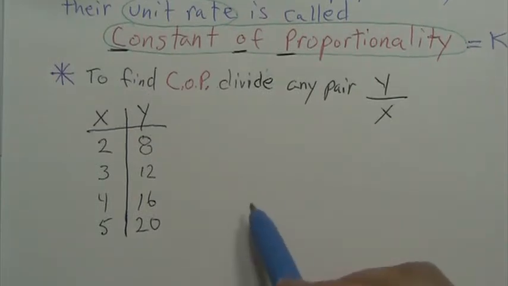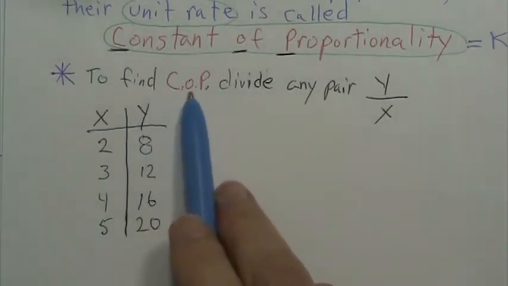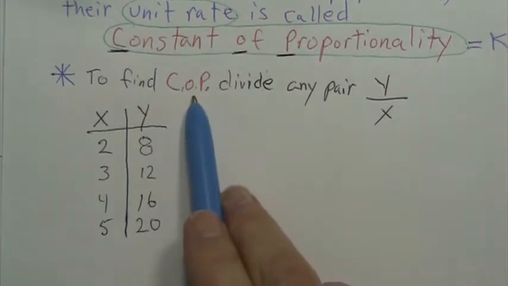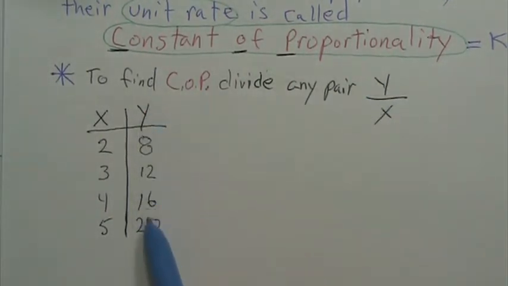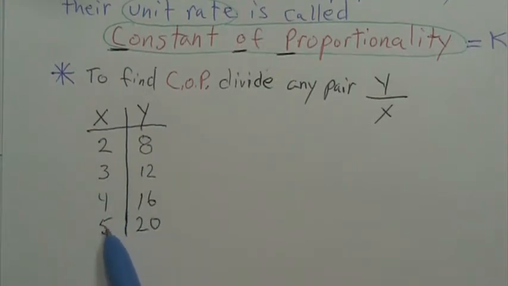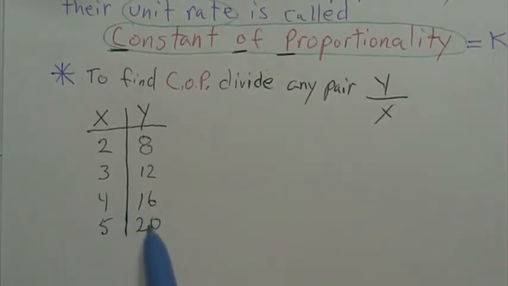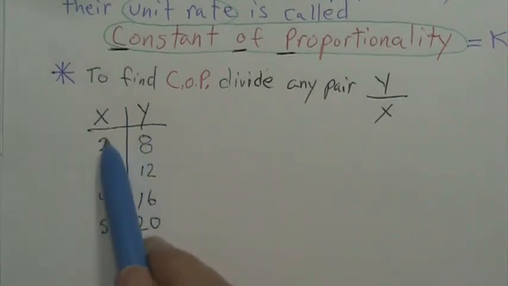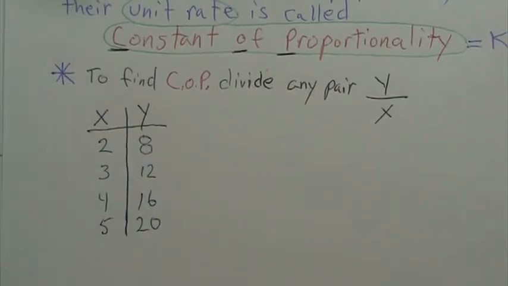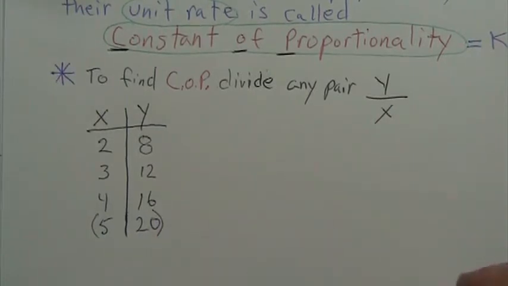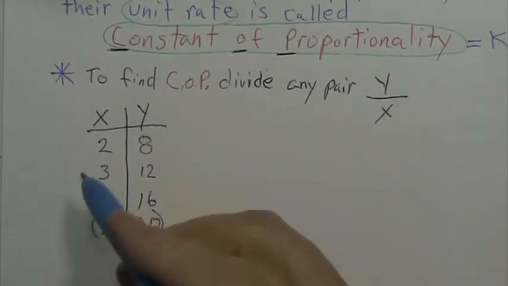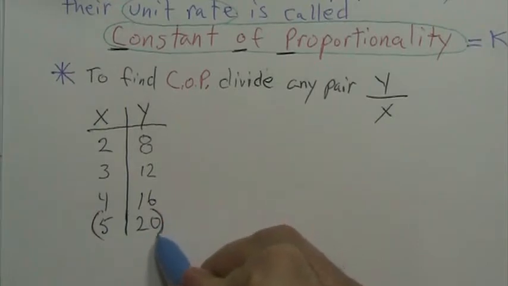So to find constant of proportionality, COP, divide any pair, y over x. I can take any one of these and find the answer. I'm just going to use this bottom one right here, because we'll use the other ones later.